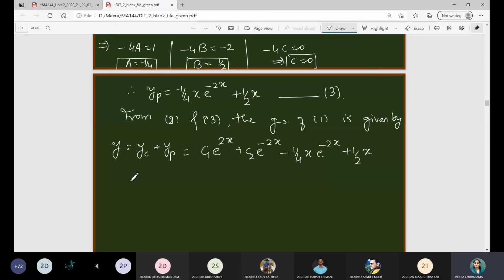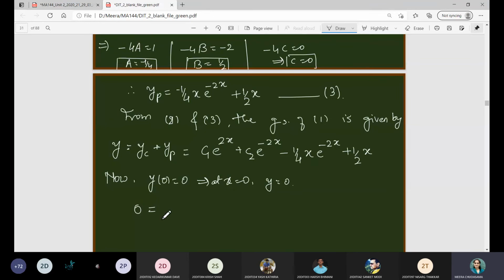So first we will apply condition 1, that is y of 0 is 0. So y of 0 is 0 implies at x is equal to 0, y is also 0, right? So the corresponding change will be what? Left hand side, which is the value of y, is 0.